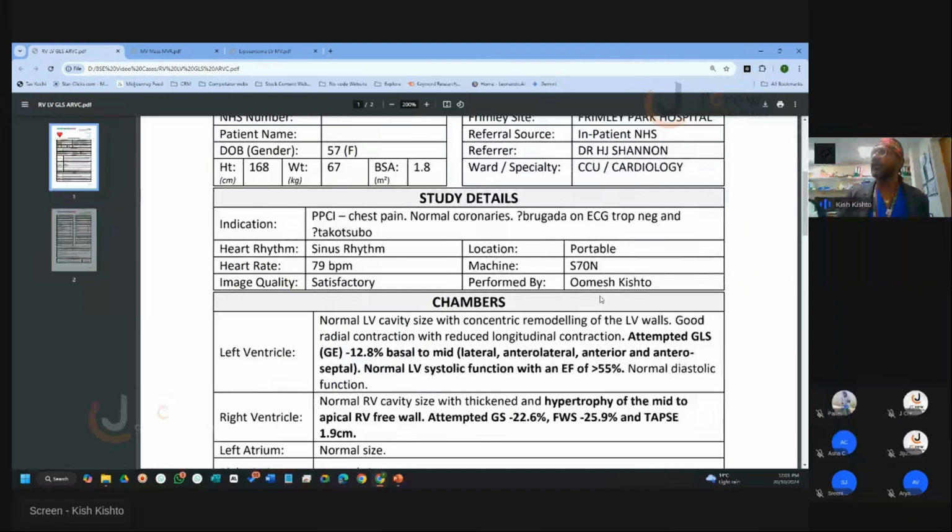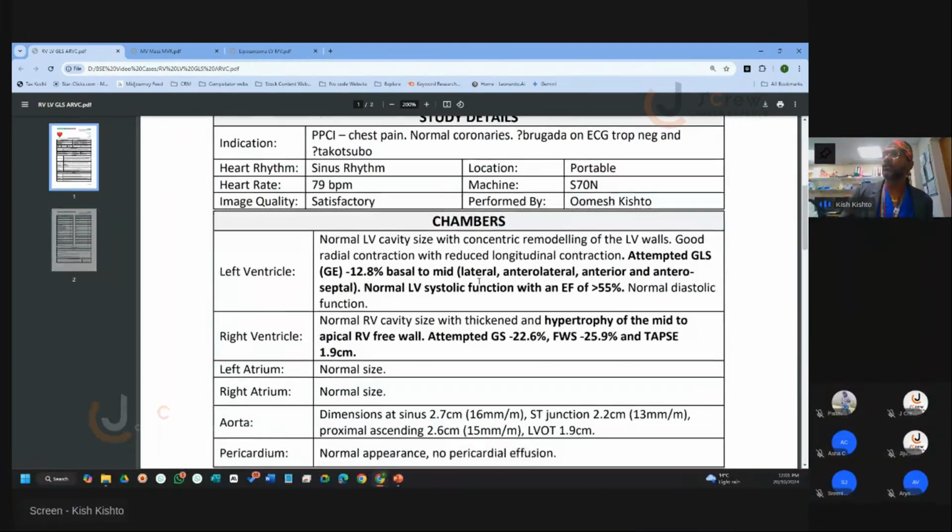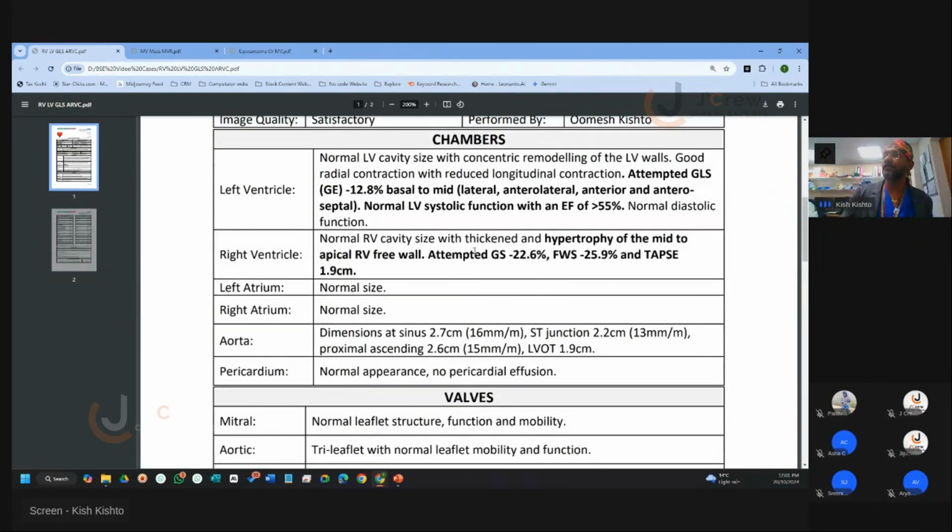So again, this is a patient with normal coronary arteries. She presented with chest pain, query Brugada on ECG with troponin negative and query Takotsubo. So when I remember scanning her, normal LV cavity size with remodeling, good radial contraction, longitudinal attempt and GLS minus 12%, which means reduced, and there was radial normal LV systolic function.